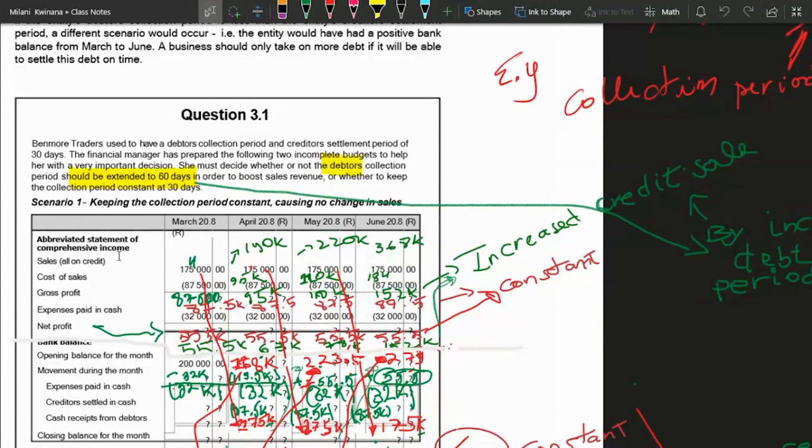She must decide whether or not the debtor collection period should be extended to 60 days in order to boost sales revenues, or whether to keep the collection period constant at 30 days. That's the whole thing that this question is just to make you understand, the difference between the two.